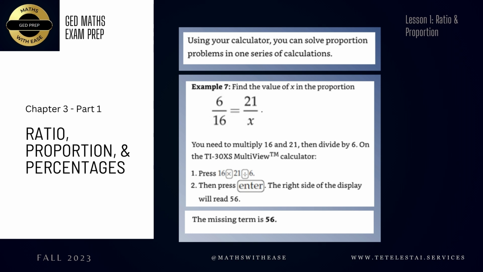And you would press enter, and your display would read on the right-hand side of your calculator, all right? So it's a shorthand way of doing that on your calculator without having to do the steps manually. And your missing term would be 56 as it shows here. Again, more practice problems, page 690 to 695. Try to work on those.